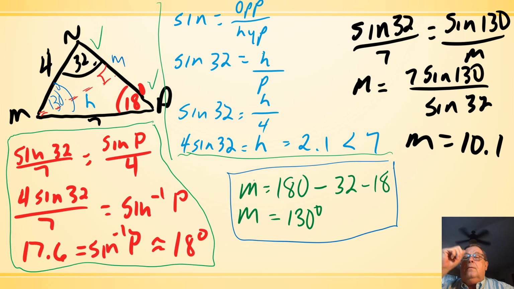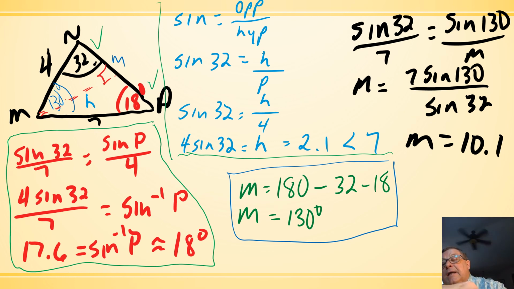Now to find side m. We use what we were given, which is the sine of 32 over the side measure of n, which is 7, equal to the sine of 130 over m. When we solve for m, we get 7 times the sine of 130 divided by the sine of 32.